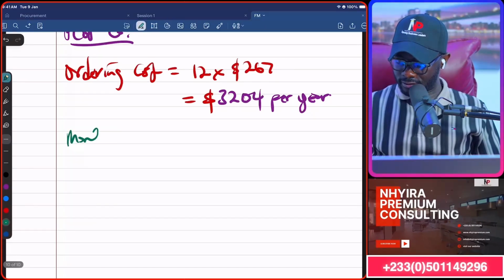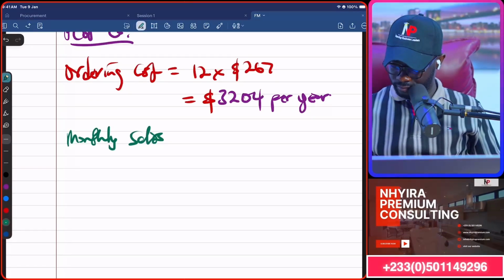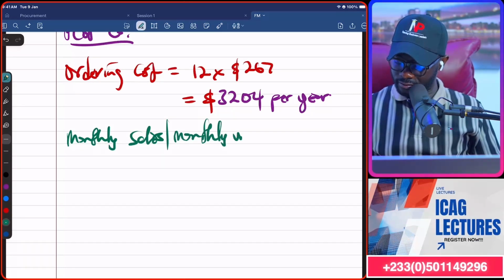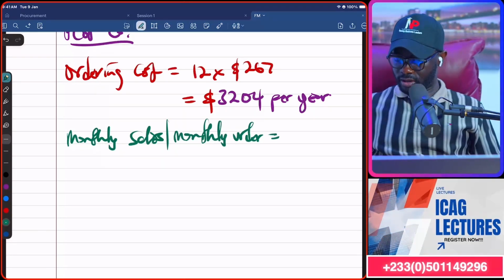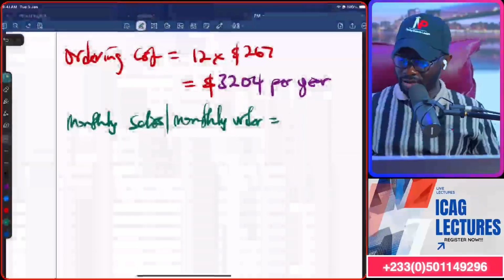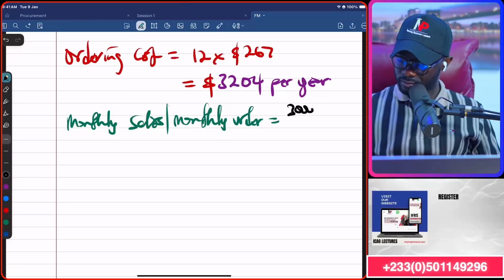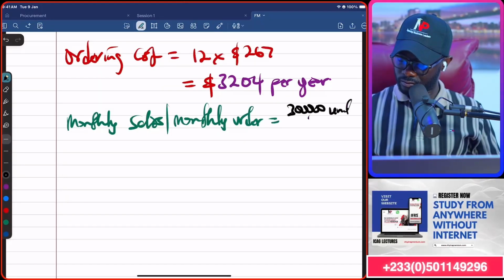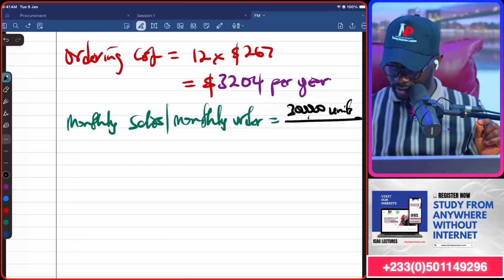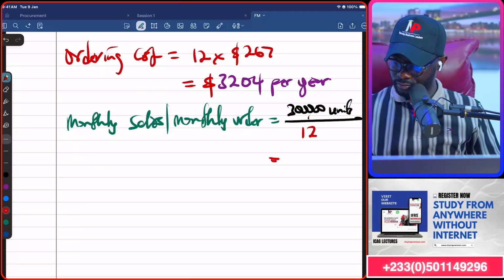So monthly sales, which will be the same as the monthly order, will be the annual demand, 300,000 units, divided by the months in the year, 12.